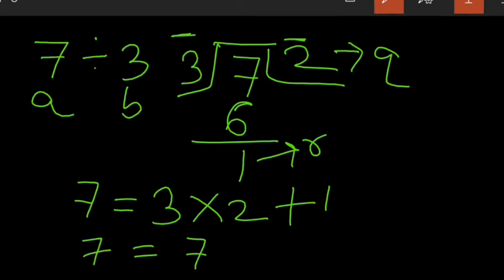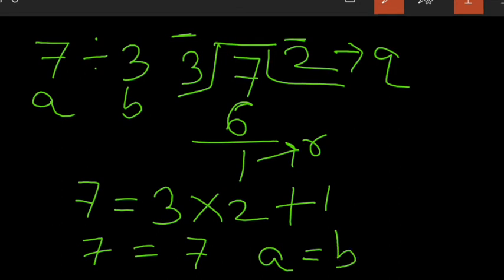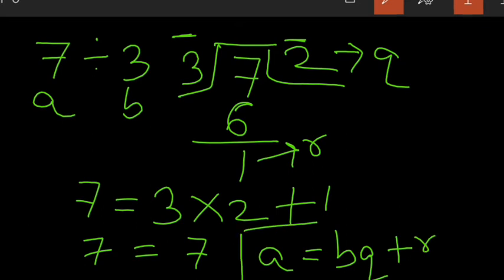So it is satisfying. Similarly, here a is 7, 3 is b, 2 is the quotient q, and 1 is the remainder r. So this is what Euclid's division lemma actually is.